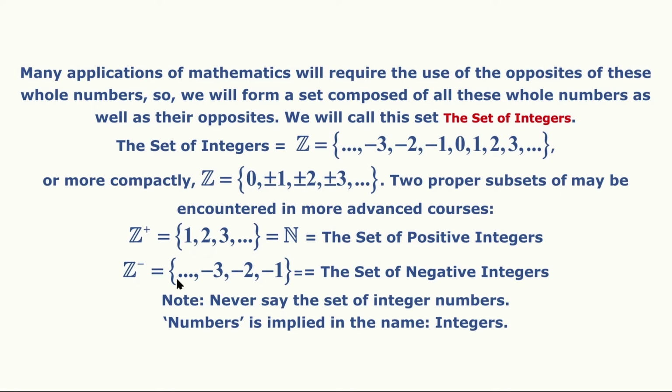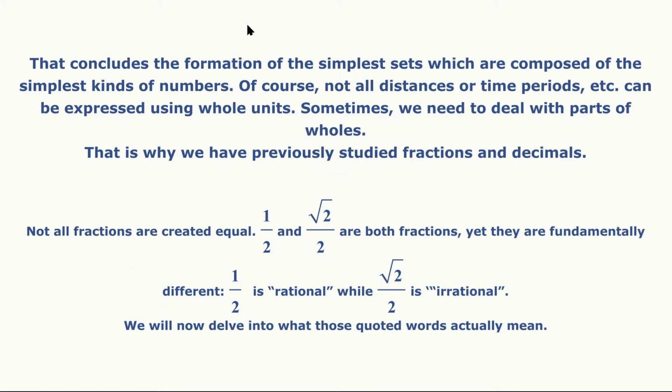Z minus is just the set of all the negatives, or the opposites, of the natural numbers. And again, remember, we never say the set of integer numbers, right? Numbers is implied in the name integers.